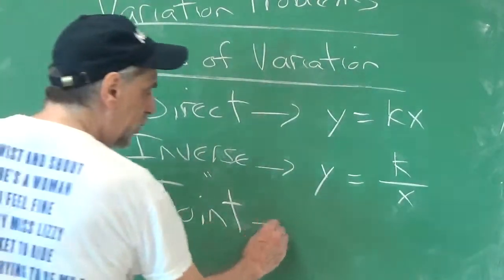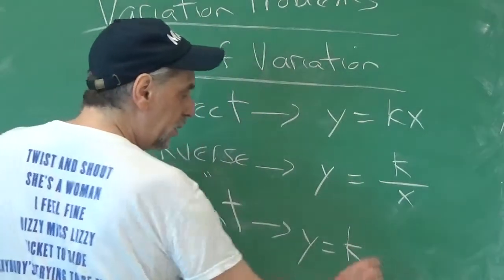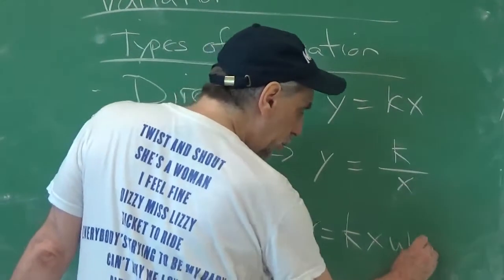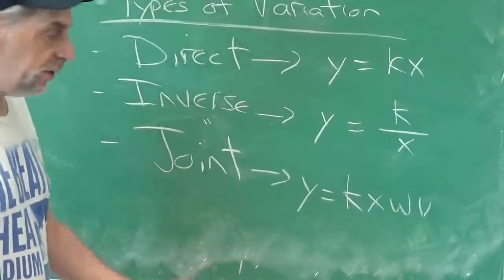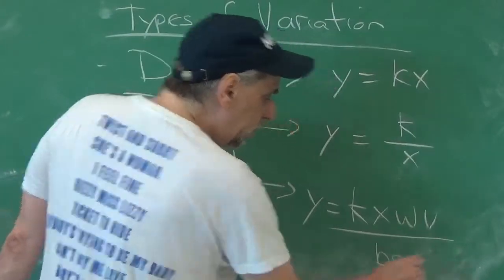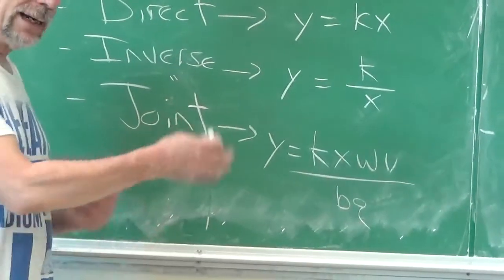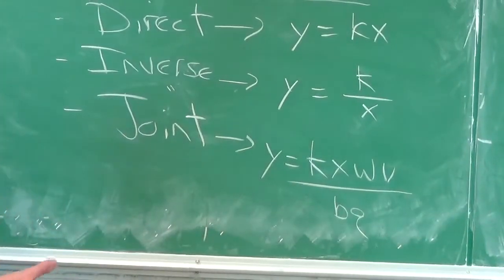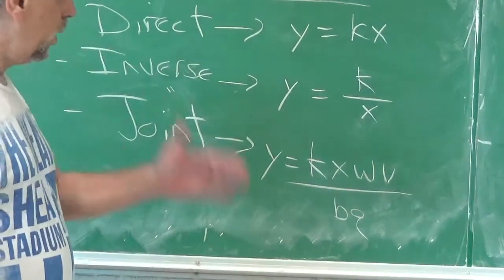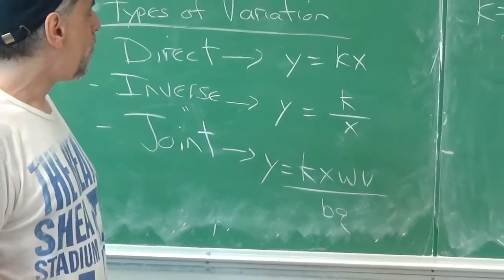And joint variation is just some combination. There's always going to be a k, but there could be an x, a w, a v, other variables involved, and some might be direct and some might be inverse. Some sort of combination of inverse and direct, and maybe more than two variables. And that's all that's going on here. So these questions are pretty straightforward.